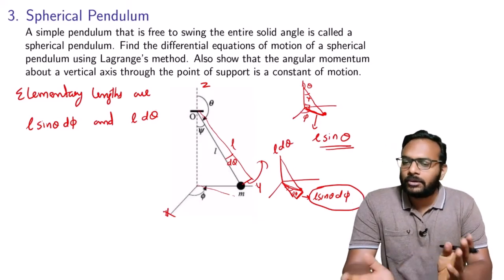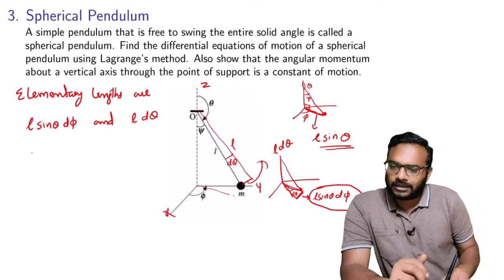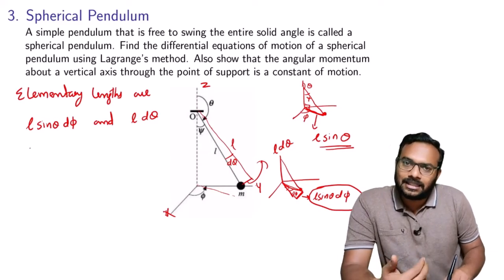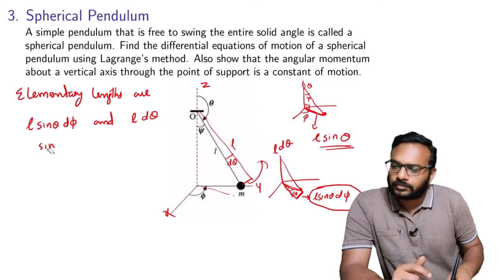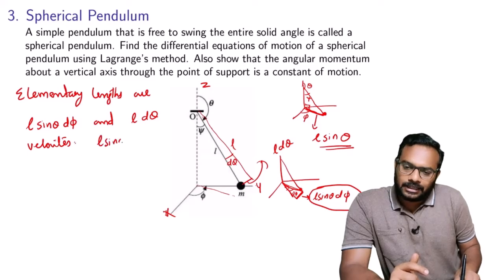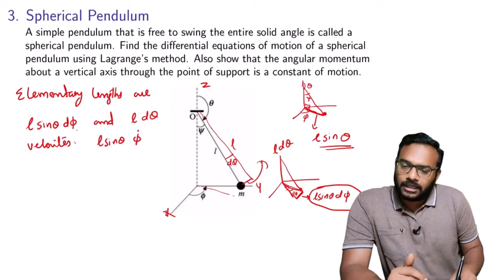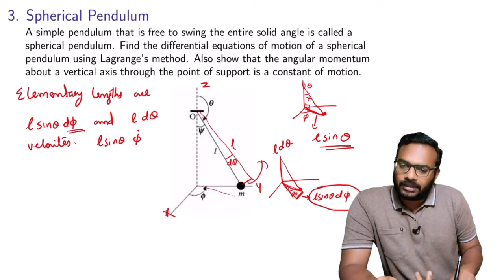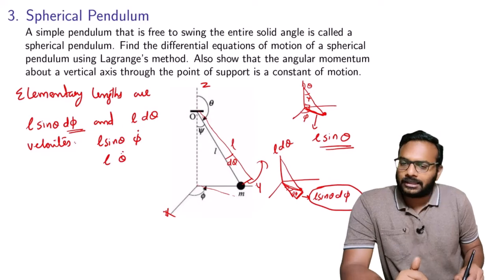Now you can easily find the corresponding velocity, just divide by dt. The tangential velocity components are L sine theta phi dot, because d phi by dt we write as phi dot, and there's one more, L theta dot.